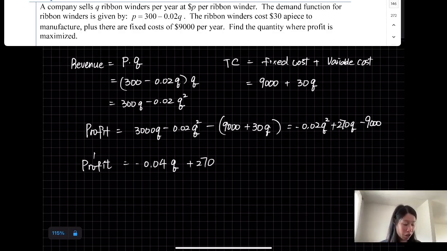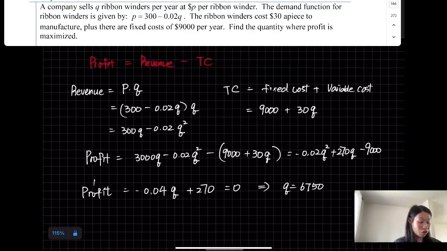And then we can solve for Q. When the whole function equals 0, I solve for Q equals 6,050. So that means to maximize the profit, you want to produce 6,715 ribbon winders. Okay, is there another way to do it? Yes.